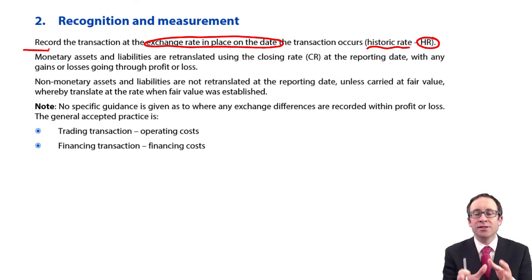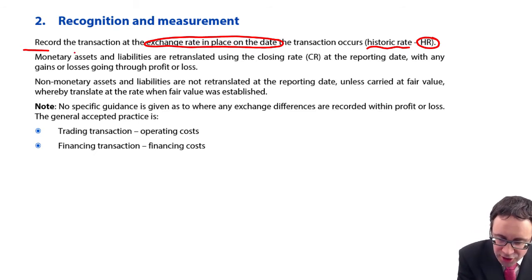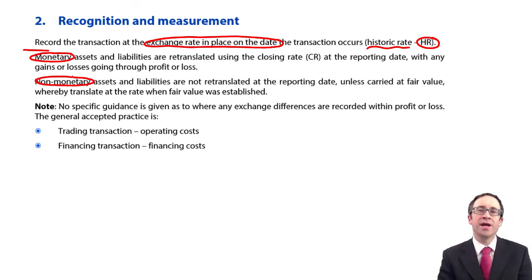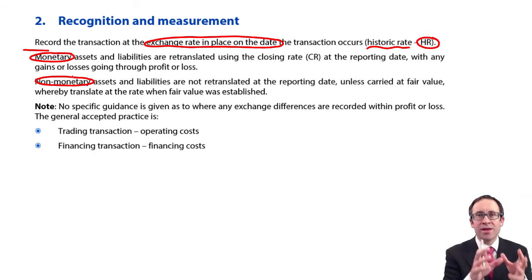So all those balances that require translating. And you need to identify and split them into monetary and non-monetary assets and liabilities. Okay, because the accounting treatment at the reporting date for each is different.